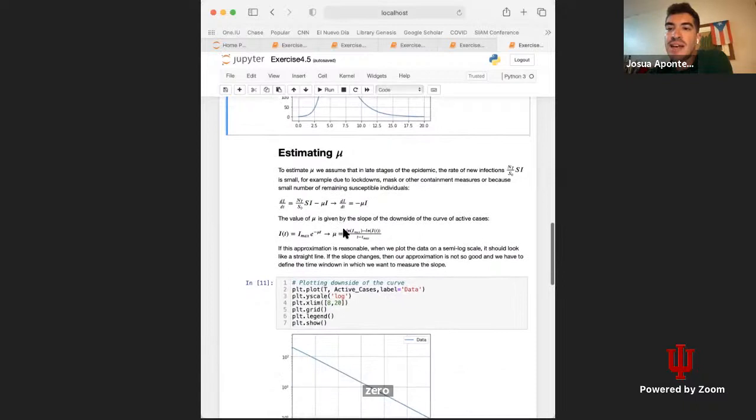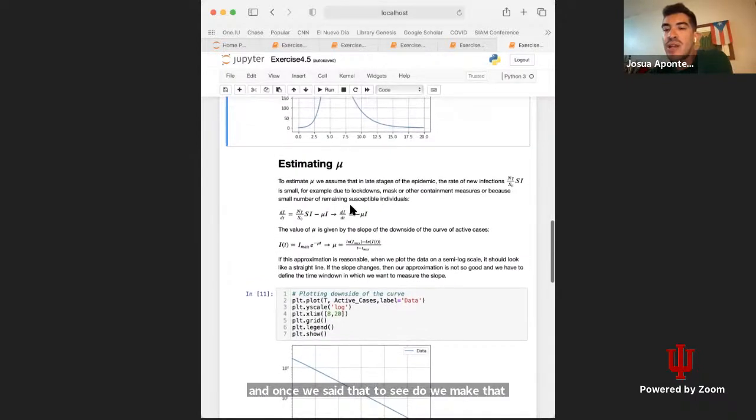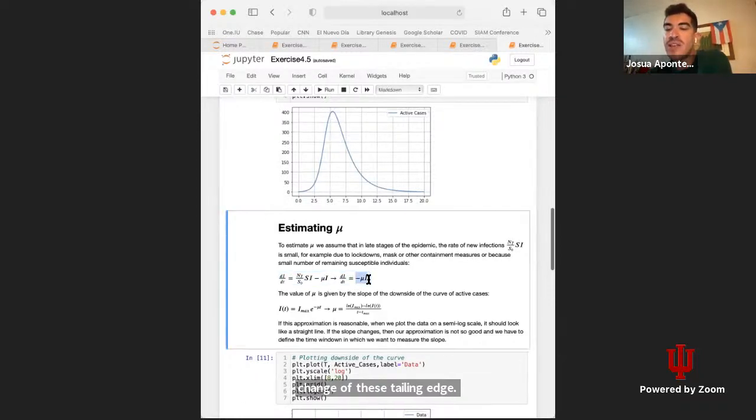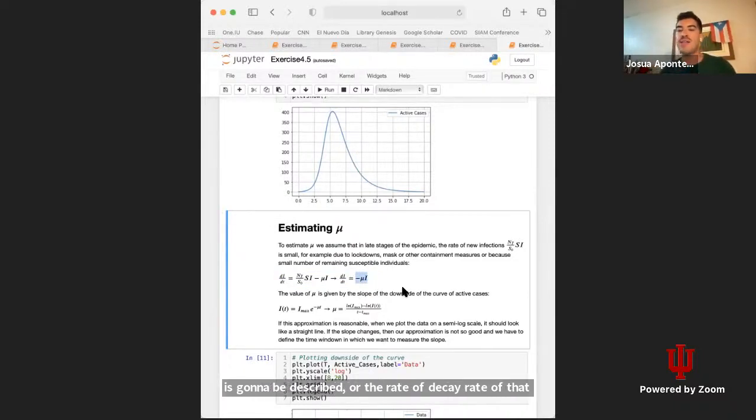Once we make that approximation, the decay rate of the tailing edge is described by this part of the ODE.